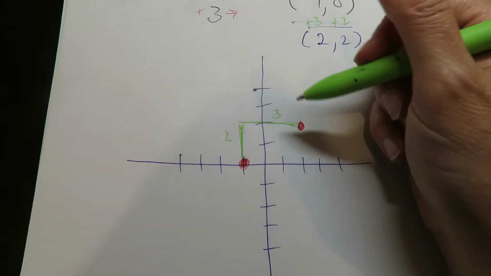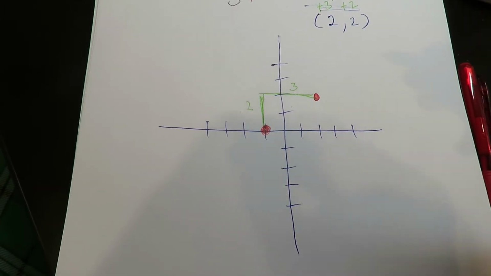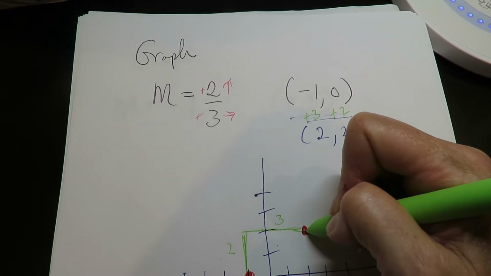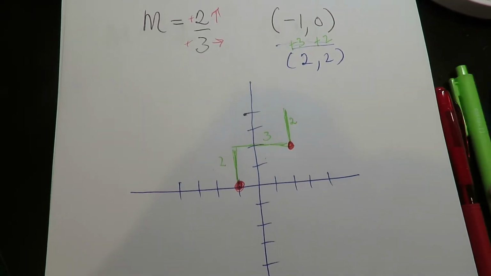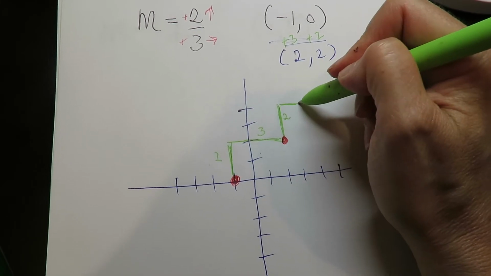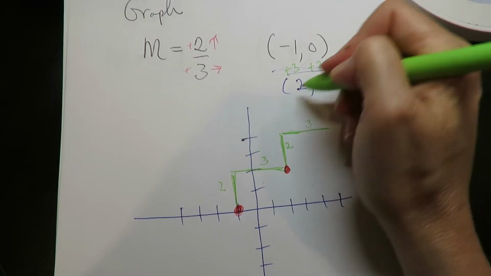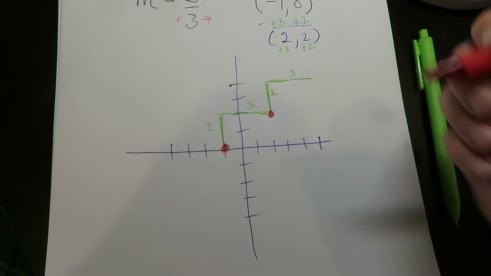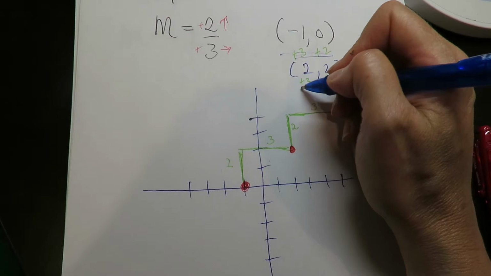Basically, it's a dance, and the dance steps just keep repeating themselves. It's like a dance that constantly has the same move. So if I do it again, I could find another point on this line. I could go up again 2 units, and I could get another point.